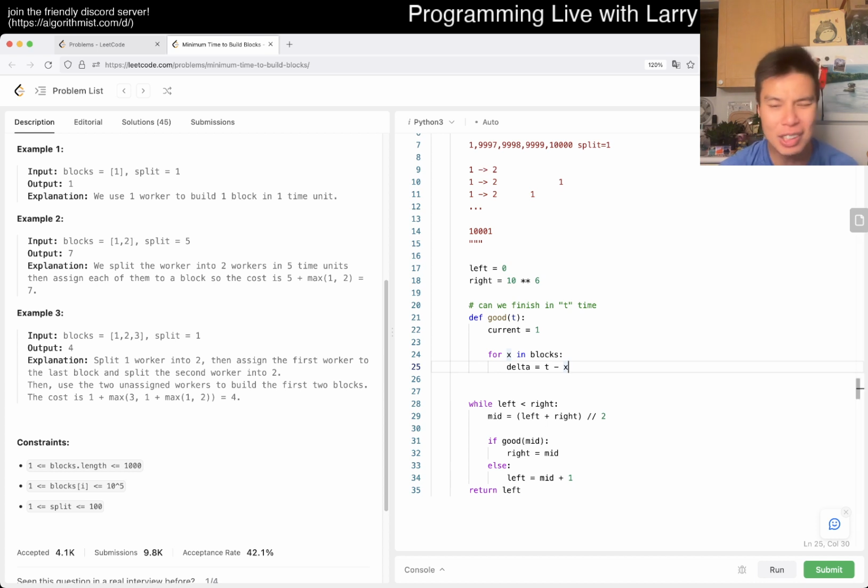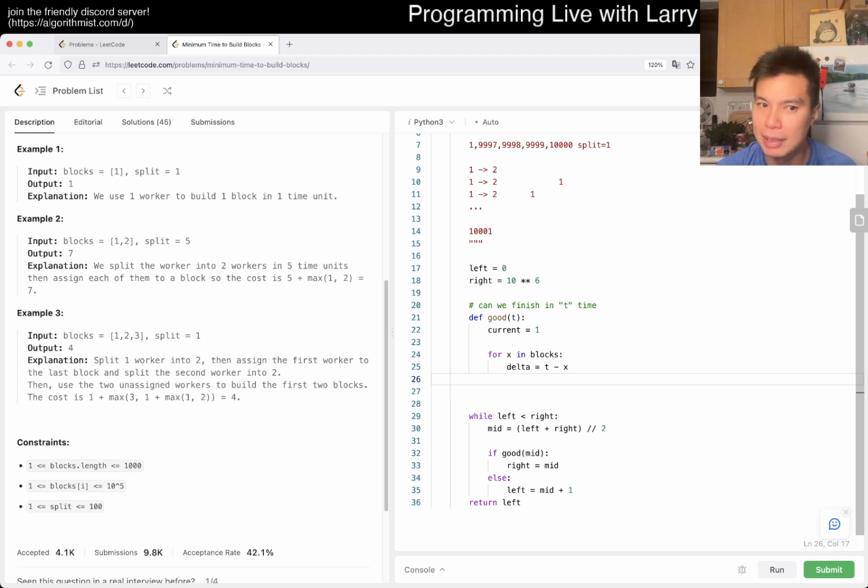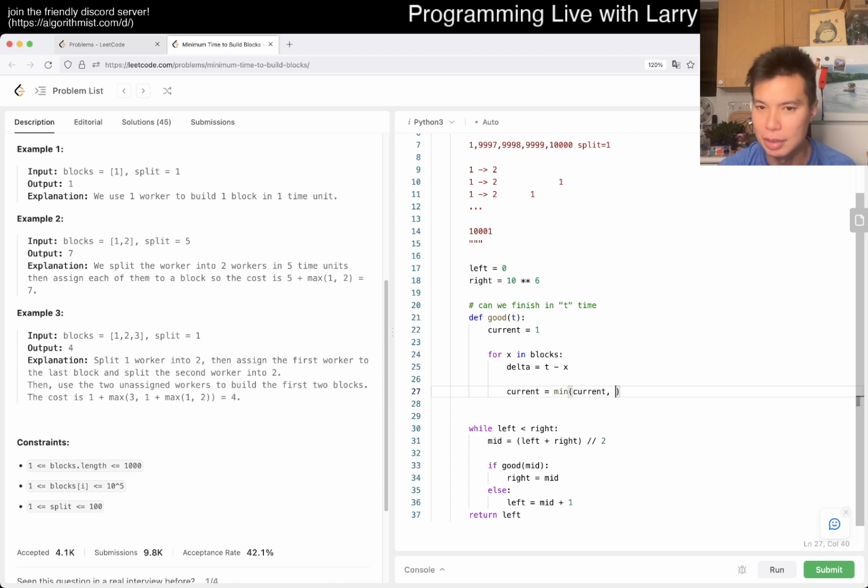I guess you can write this in a number of ways. You can write a for loop, but that's fine. Basically, current is equal to min of current. Basically, we're now splitting delta number of times, so it's going to be 2 to the delta.